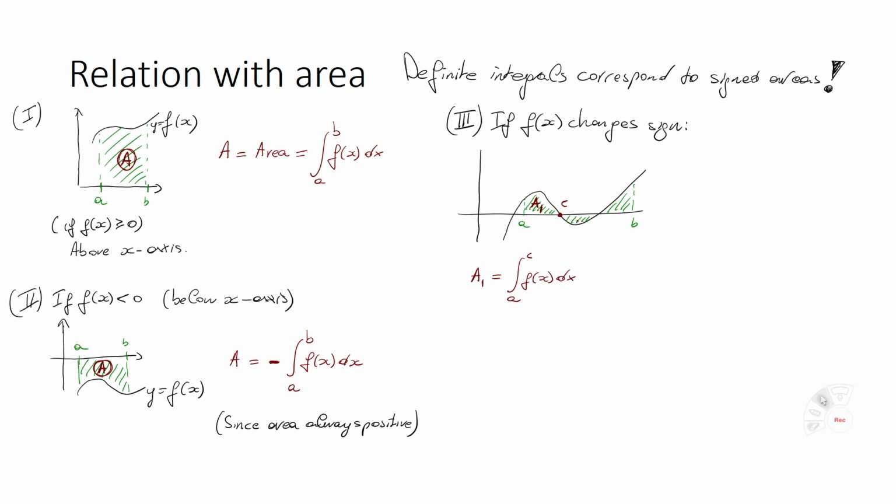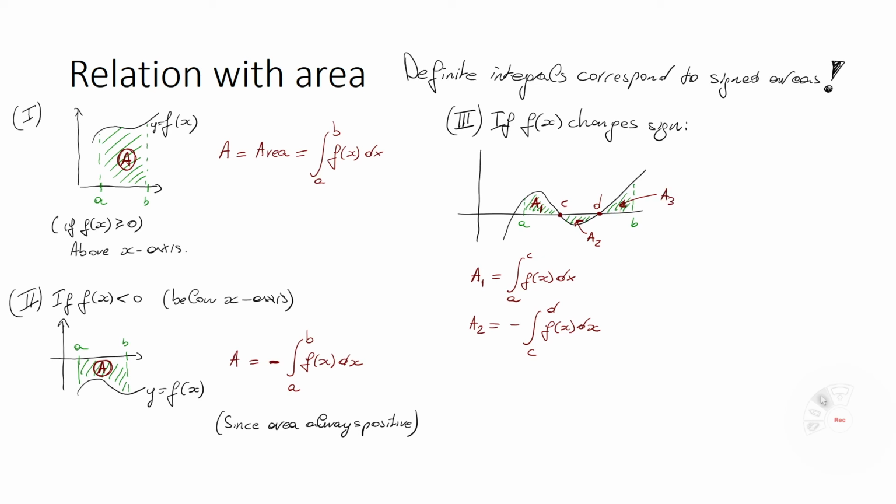And now here the function is negative, so if we call this second part here a2, and define it as the part between the graph and the x-axis, between c and d, then a2 is minus the integral c to d of f of x dx. And then last, the remaining part here, let's call that a3.